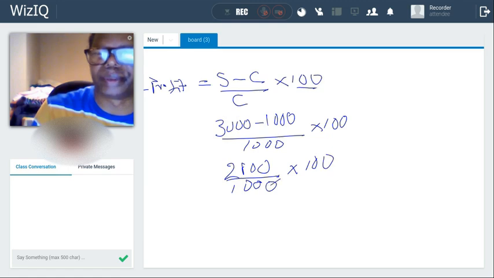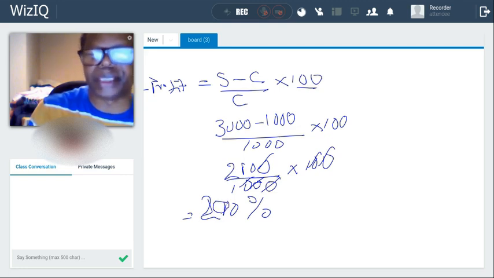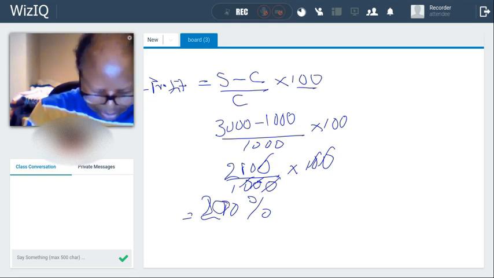I can cancel the zeros, and what I have is going to be 200, and this 200 is 200%. So that's what he's talking about. We made a profit of 200%, so it's more than 100. This profit being twice the original cost can be described as a 200% profit.